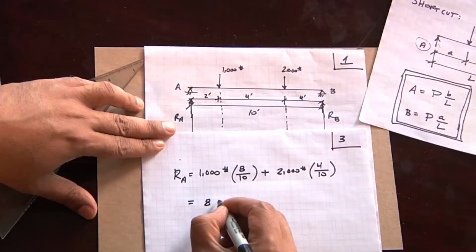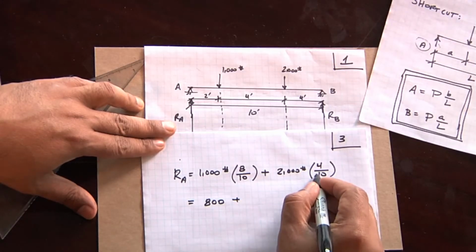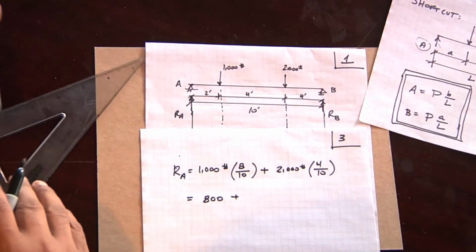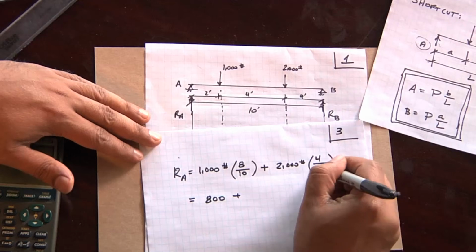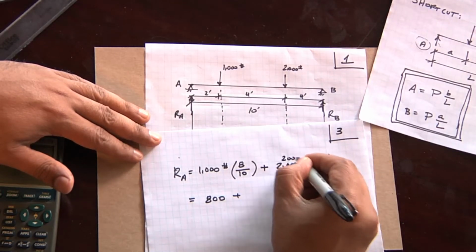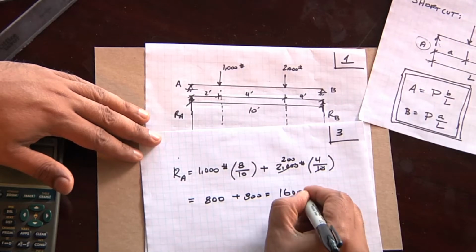So this becomes 800 plus 4/10 of 2,000, which is 200 times 4, and that's also 800, and that becomes 1,600 pounds.